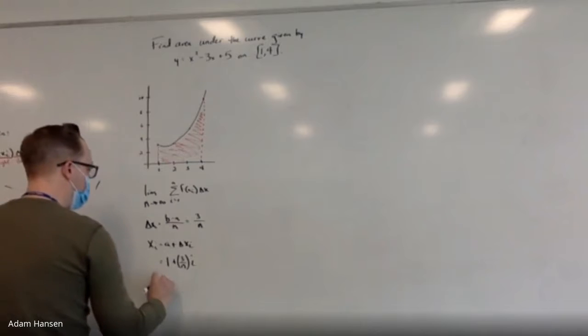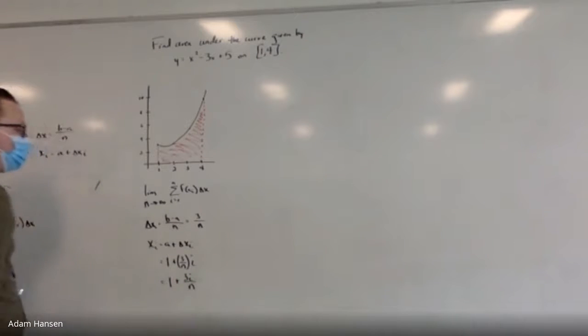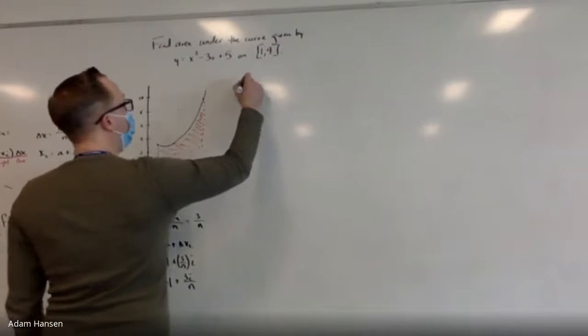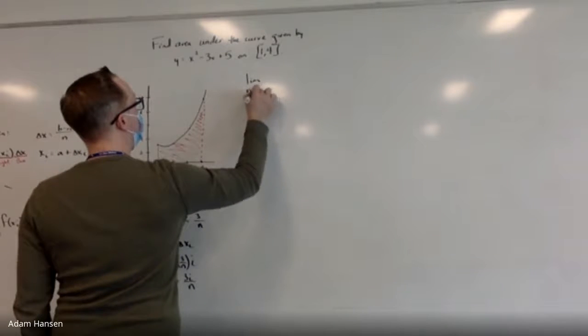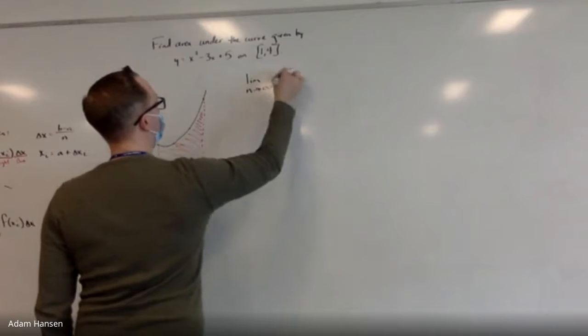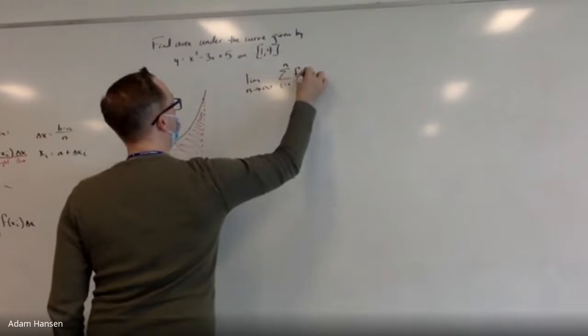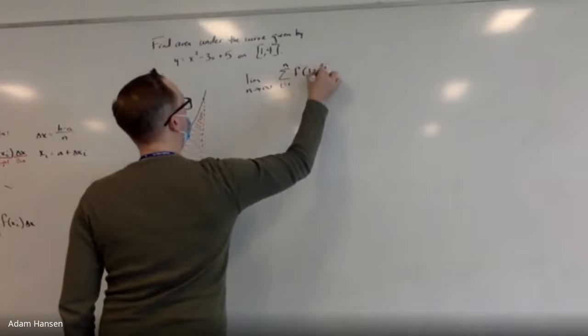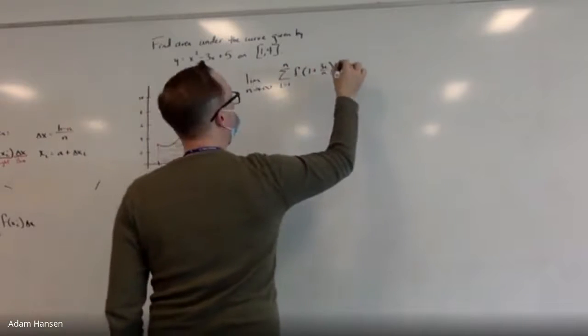Line these together, and it will be 1 plus 3i over n. So using our Riemann sum here with our defined delta x and x sub i, the limit as n becomes infinite of the summation from i equals 1 to n of f of 1 plus 3i over n times 3 over n.